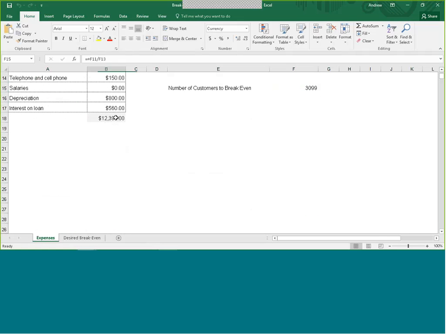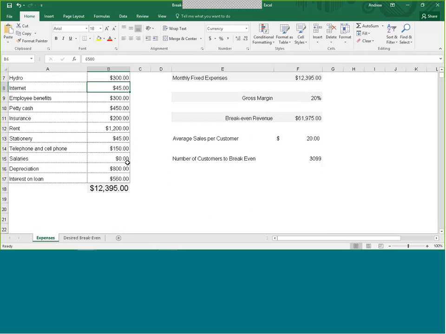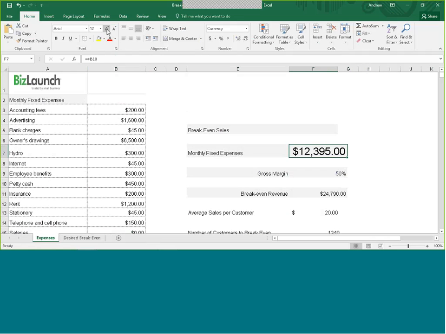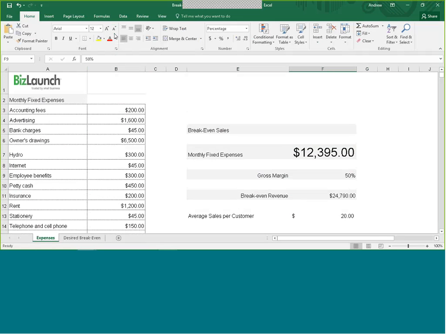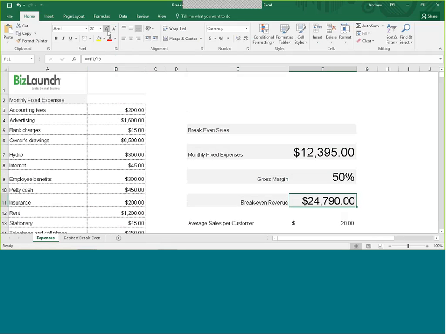Let's say my fixed expenses every month are $12,395, and that amount is all these things added up. If my gross profit percentage is 50%, I will take $12,395 and divide by 50%, and that'll give me my break-even sales of $24,790.